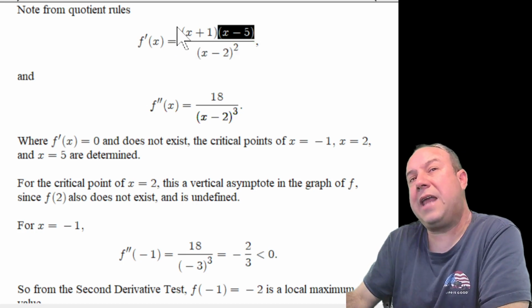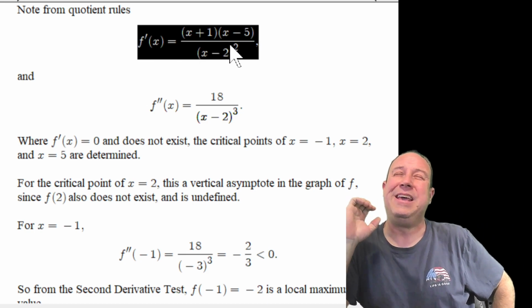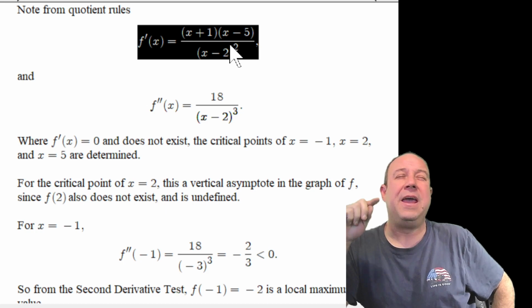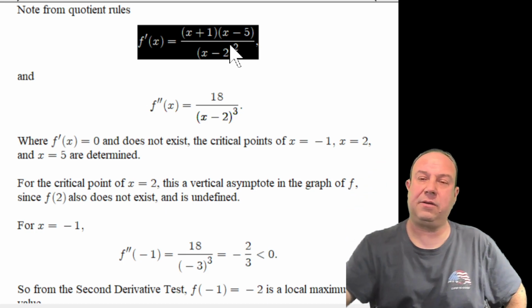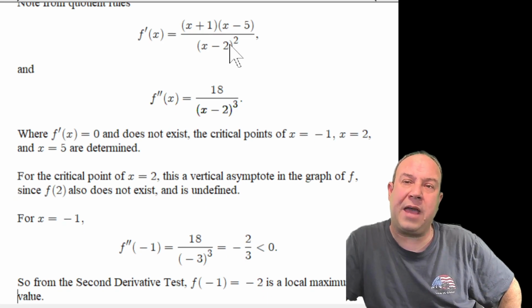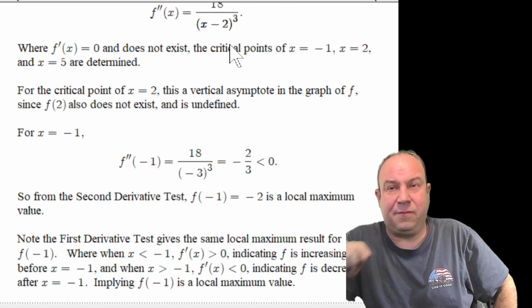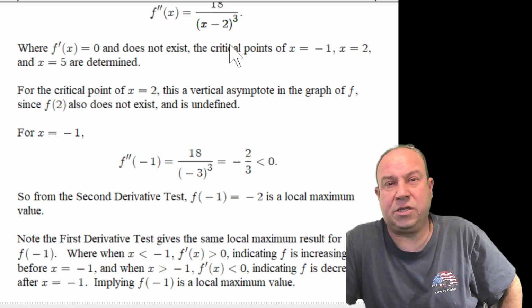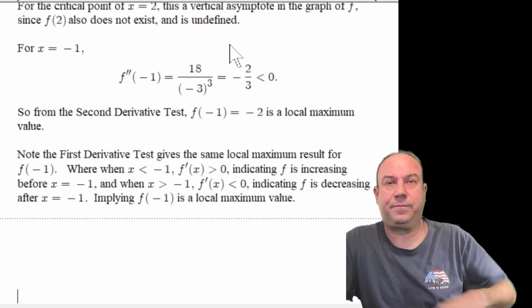That'll lead us to a negative in the numerator over something that's always positive, and that would lead us to the case for decreasing. And again, we would have increasing before, decreasing after, so it correlates with the idea that we have a local maximum at -1 given by f of -1, which equals -2. It correlates with this result.